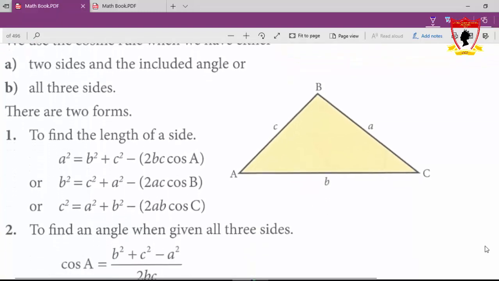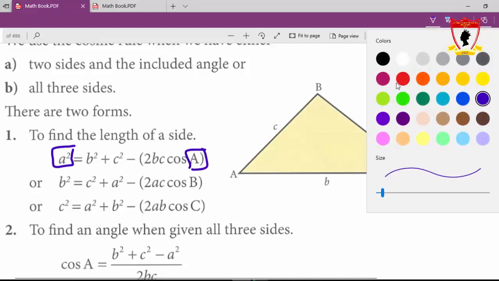Cosine rule is like this: a squared, which is a side, a squared is equal to b squared plus c squared minus 2bc cosine of a. So it's kind of hard to memorize, but there's a little trick I'm going to tell you. Look, when the equation is about a, which is side a, the cosine is also about a.